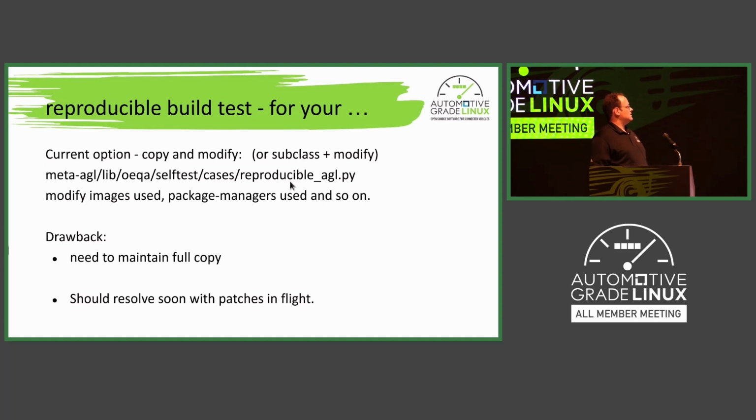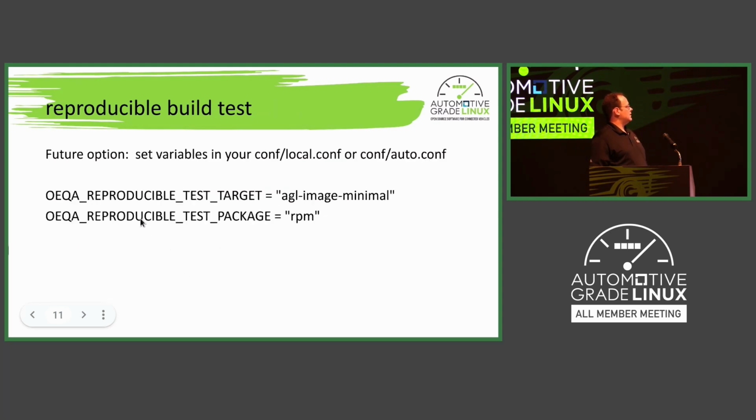What I did is I changed the images and minimized the package managers in use. AGL is RPM based, so we only need to check that. The drawback is that we have to maintain our own copy, but with the patches that are in flight, this will be way easier.